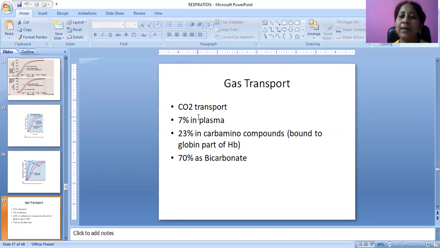Then coming to carbon dioxide transport, 7% of carbon dioxide is transported by means of plasma, 23% in the form of carbamino compounds, in which carbon dioxide is bound to the globin part of hemoglobin, and 70% as bicarbonate.